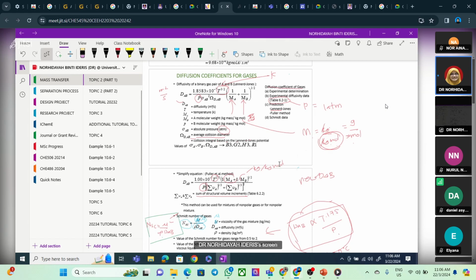This DAB refers to the diffusion coefficient, and it differs between species in different media. For example, if you have ammonia gas diffusing inside air, the DAB will be different from when ammonia diffuses inside nitrogen.